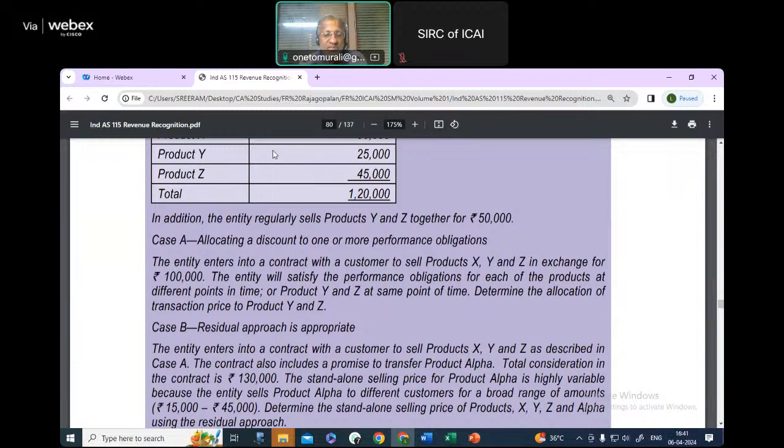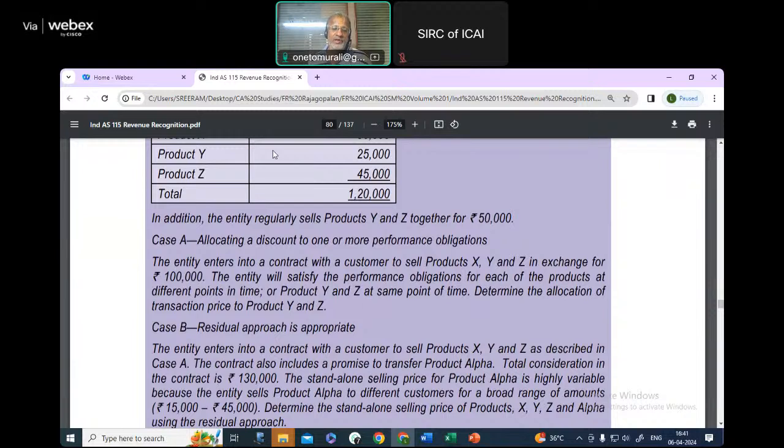The entity will satisfy the performance obligation for each of the products at different points in time, while product Y and Z at the same point of time. Determine the allocation of transaction price to product Y and Z. Case B, residual approach is appropriate.